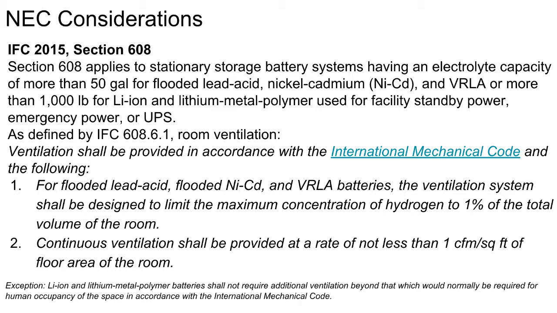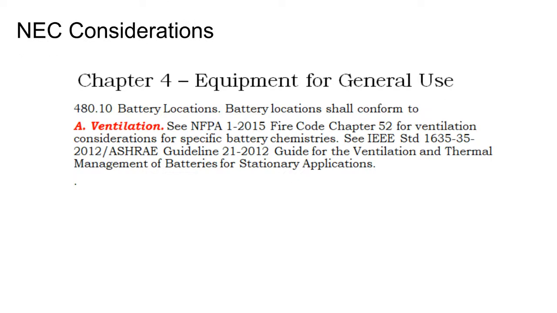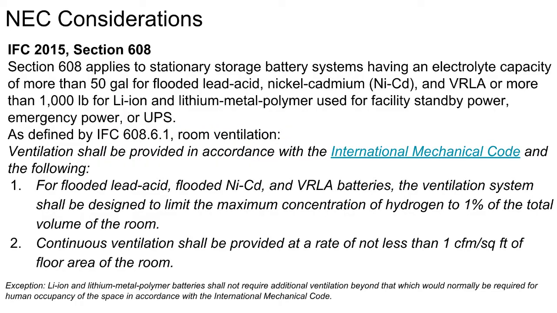There's two fire codes that drive battery room design. One is IFC, which is International Fire Code, and the other is NFPA, which is National Fire Code. And their requirements are slightly different. And so International Fire Code is actually a little bit more strict.